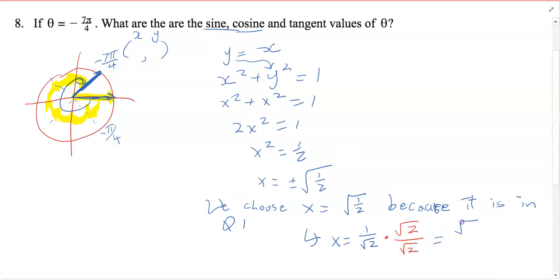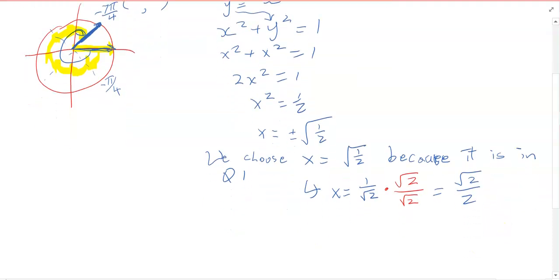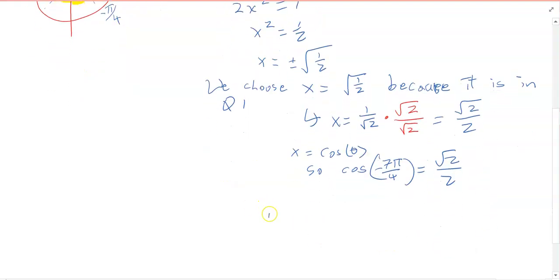So this will become root 2 over 2. Now we know that our x coordinate is our cosine value, so x is equal to cosine theta. Then cosine of negative 7 pi over 4 will be equal to radical 2 over 2. We also know that y is equal to x.